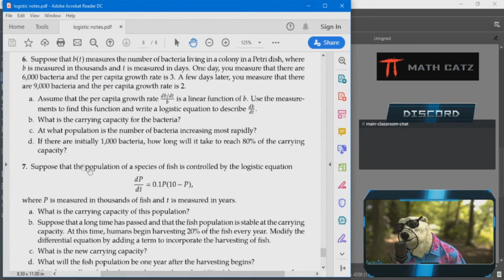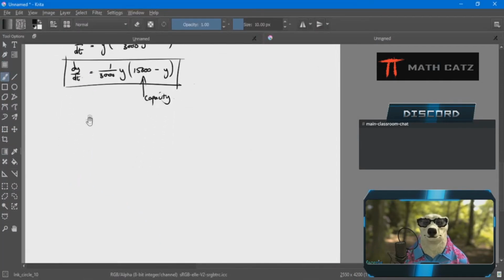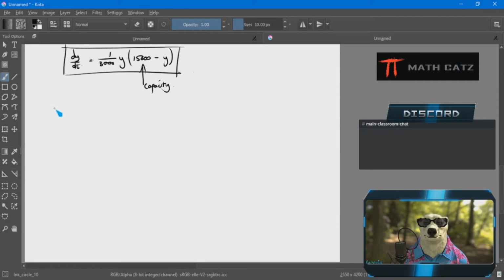Then they ask, at what population is the number of bacteria increasing most rapidly? Well, for that, I can investigate the growth rate versus the population size, because that is a parabola. So let's visualize that over here.